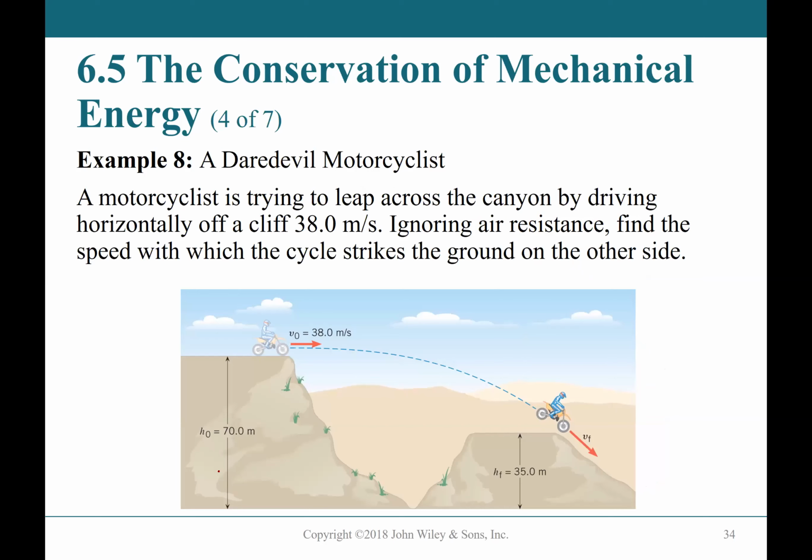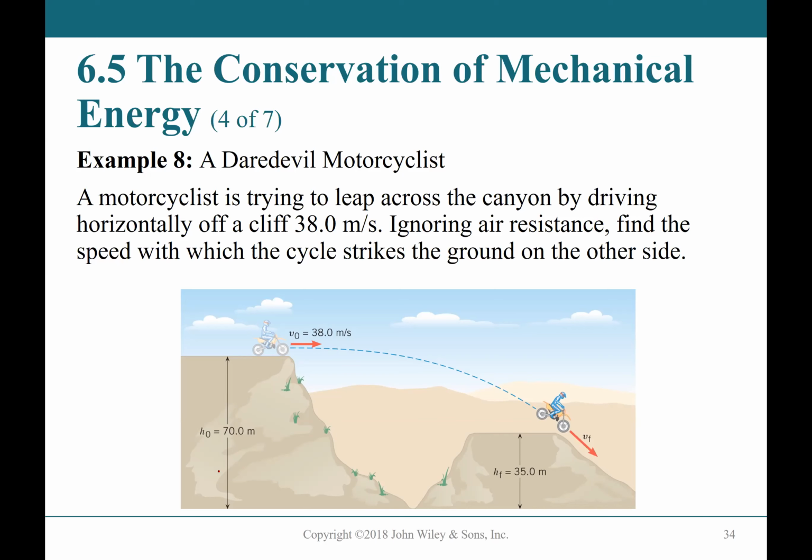Okay. Now, with that being said, we can actually solve some of these problems that we solved earlier using our kinematic equations. Now we have an even easier way to solve these problems. And the reason is because now we're introducing the conservation of mechanical energy.